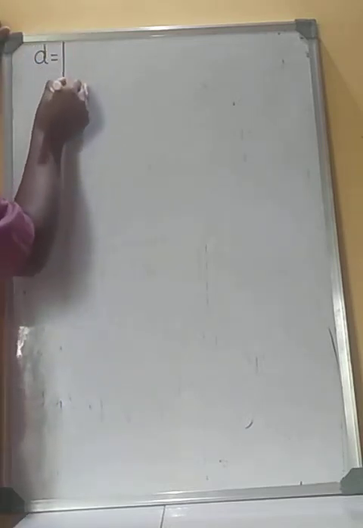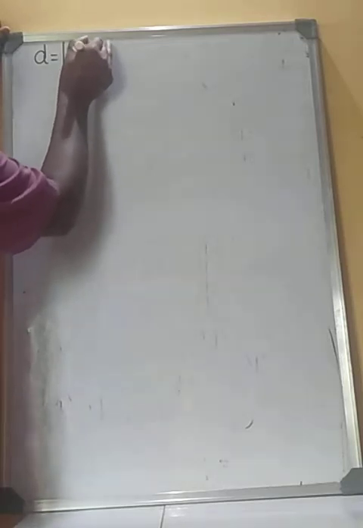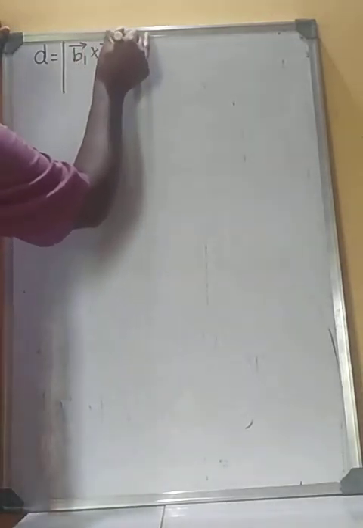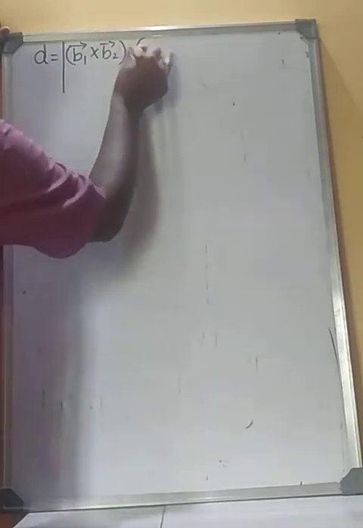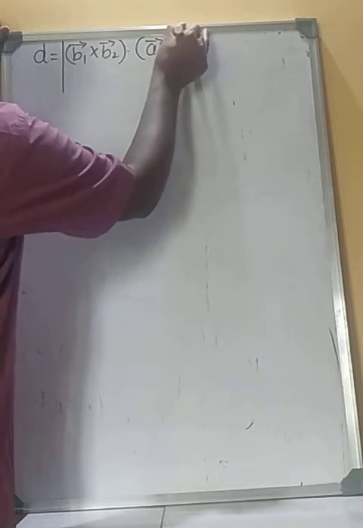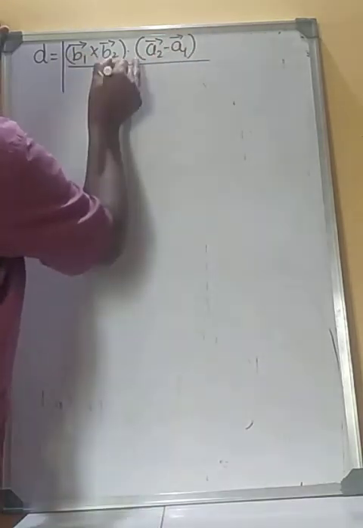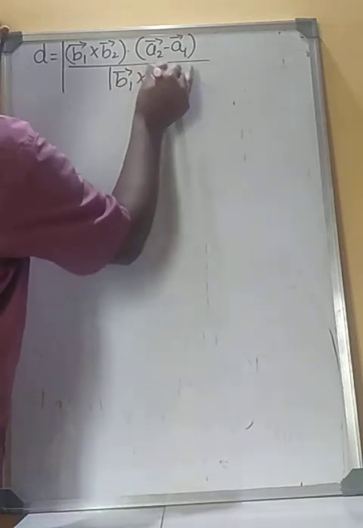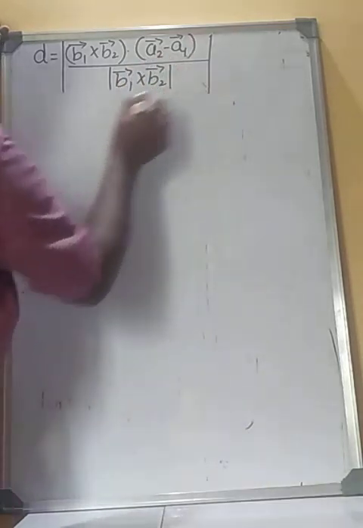Therefore, the shortest distance between the lines, that is D, is equal to the magnitude of B1 vector cross B2 vector dotted with A2 vector minus A1 vector, divided by the magnitude of B1 vector cross B2 vector.